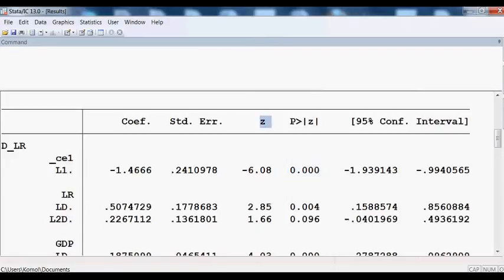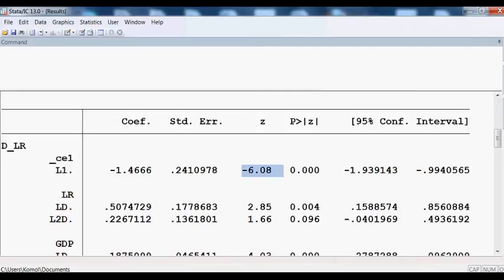Here, the Z value is minus 6.08. How? Coefficient minus 1.466 divided by 0.24, I can get minus 6.08.